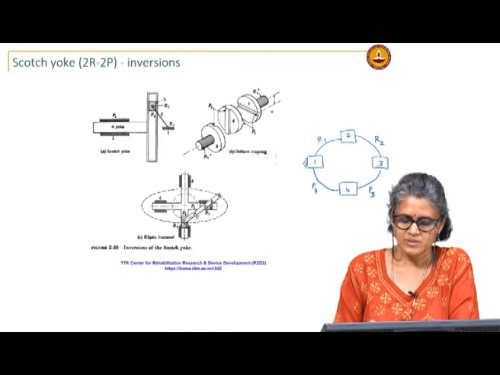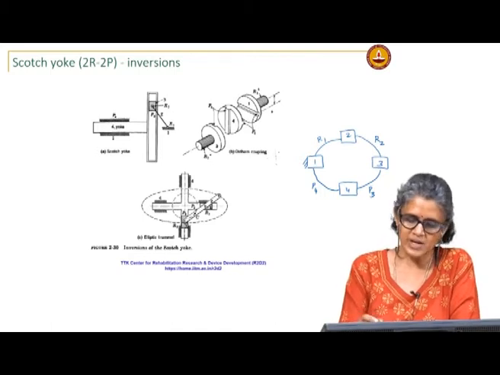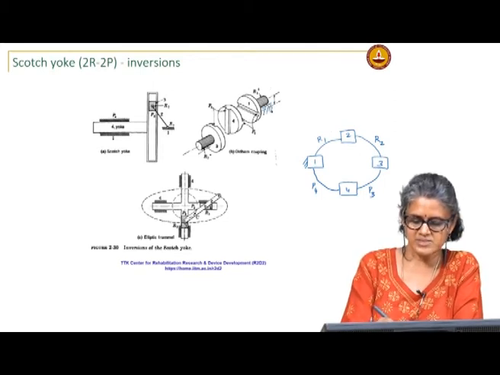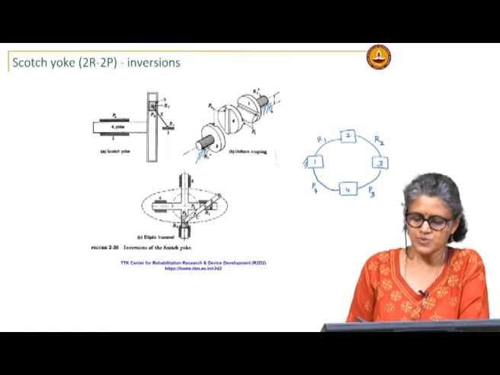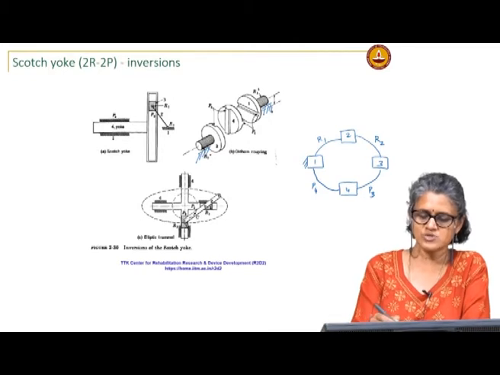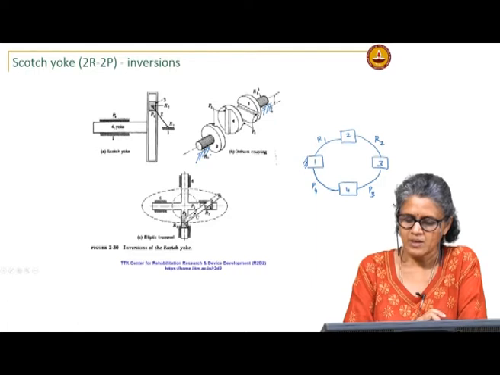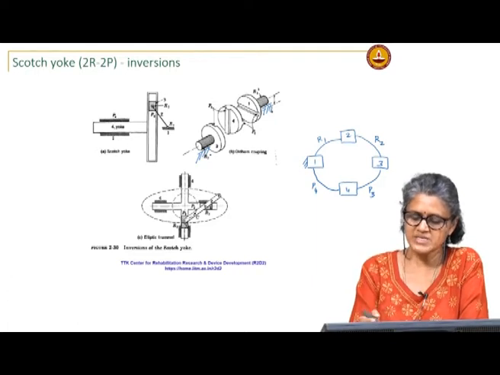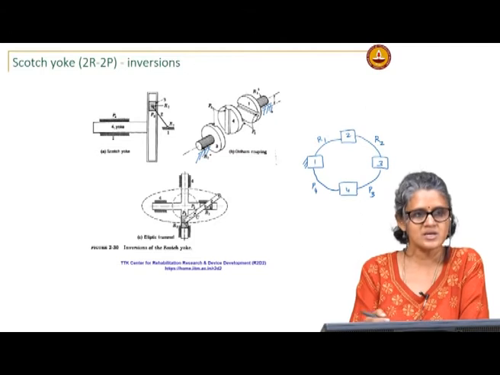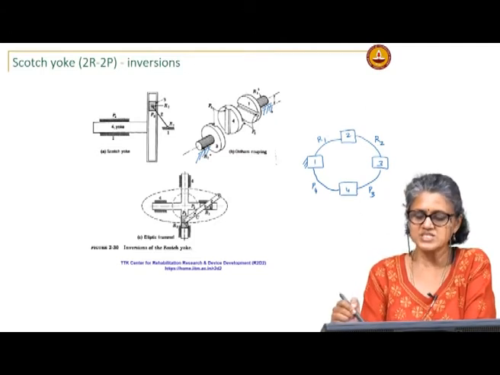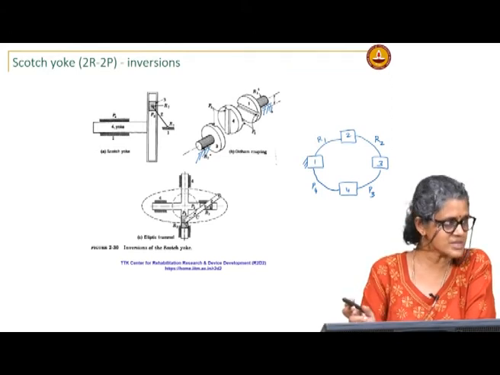Between 1 and 2 is a revolute, and between 2 and 3 is also a revolute joint. The bearings are link 2, which is fixed. So, basically for misaligned shafts you can use a coupling like this, which is essentially a kinematic inversion of the Scotch yoke.